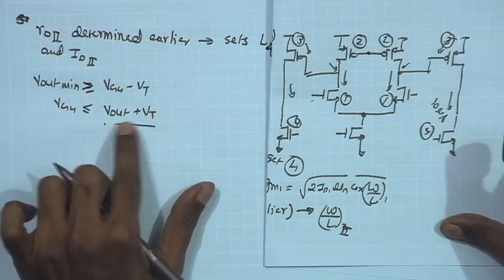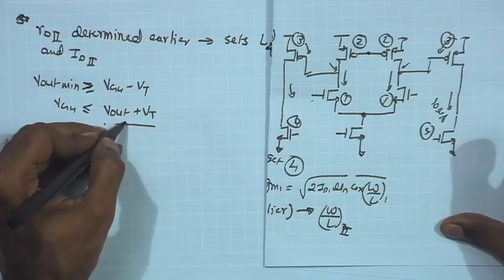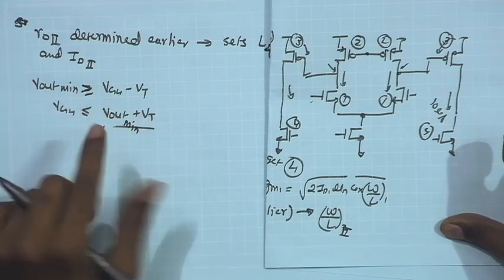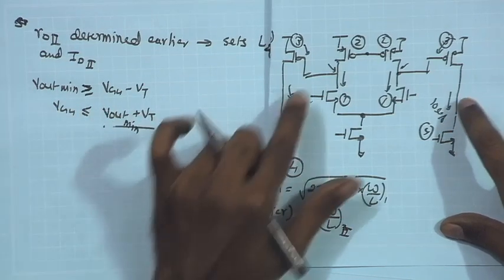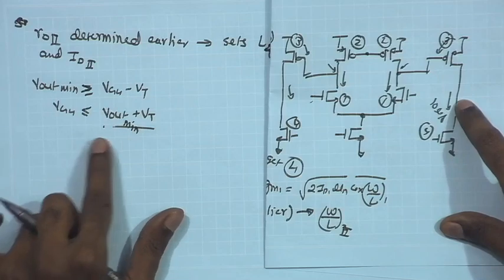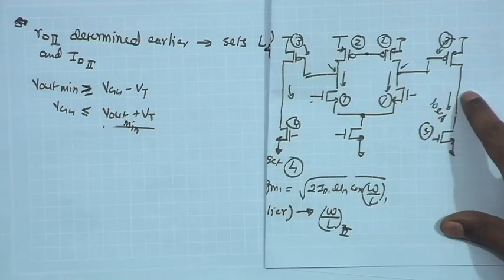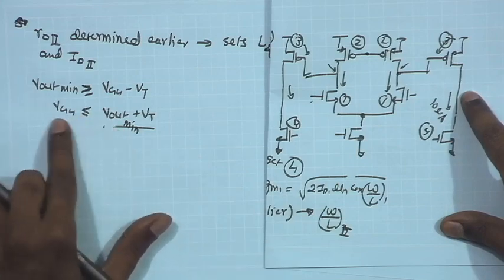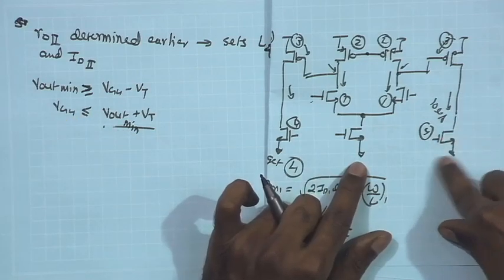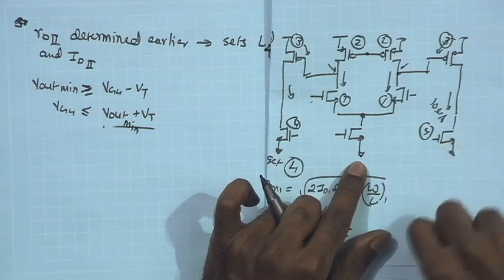And once again the V out min is not going to be very small, because output DC point can be VDD by 2 and V out min can be hardly VDD by 2 minus 10 millivolt, and therefore, this is not a very important constraint, and therefore, the W by L requirement of M4 is not very significant in this case.